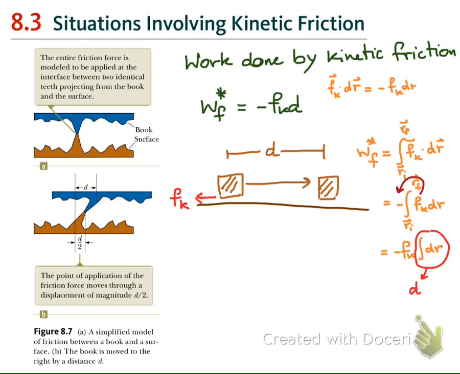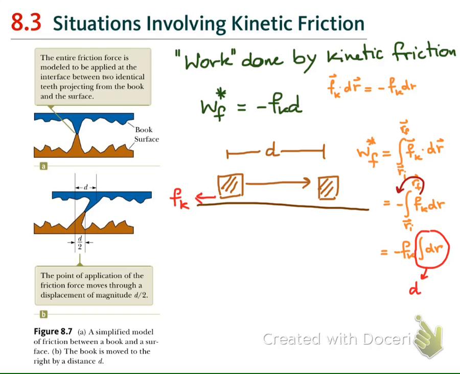To be precise, we may have to put the quote symbol around work here, and that's why we have to put this elliptic symbol here. It is because the motion involving kinetic friction and the work done by the kinetic friction is quite complicated.